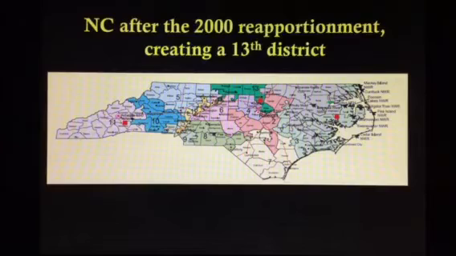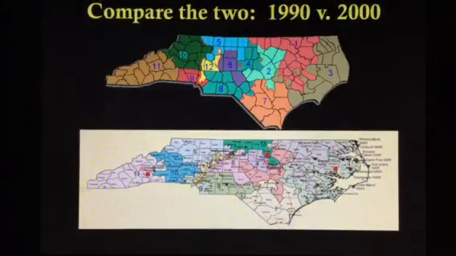Then after the 2000 census, we gained a House seat because our population had increased much more relative to the rest of the country. So we added a 13th seat. Notice in the top center, in green, is a 13th congressional district. We had 12 for a decade. Then we gained a 13th seat in 2000, after that census came out.